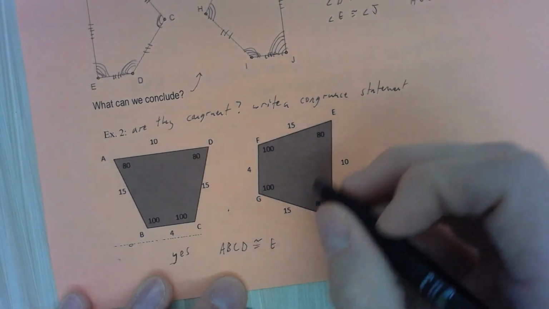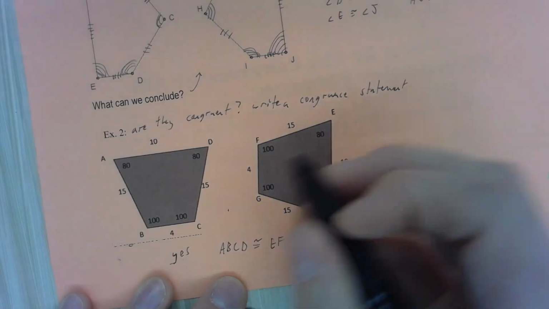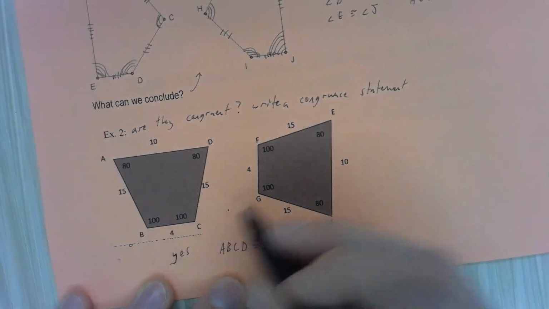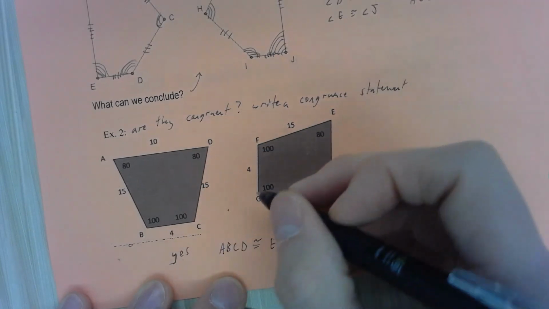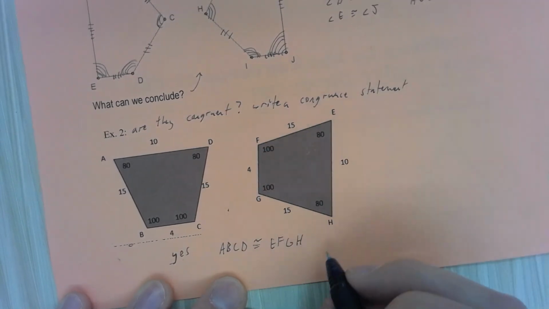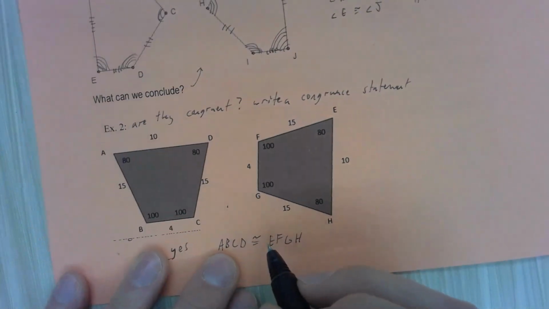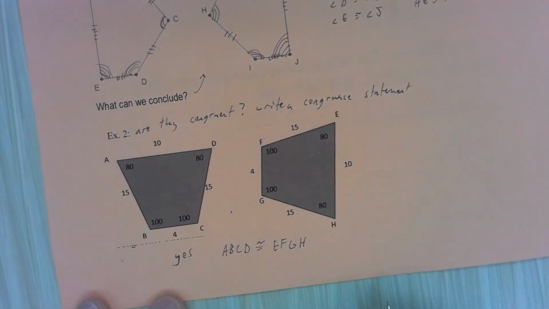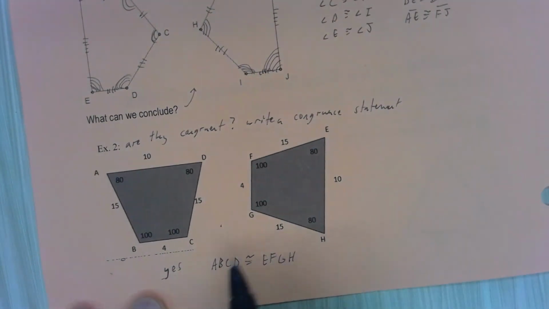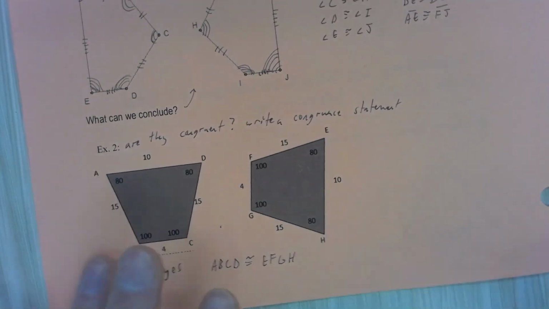So 15, E, F. And then BC goes with FG. And then CD goes with GH. So now I have the corresponding parts in the right order that goes with how they look in the figure. Okay? So our corresponding parts match up, saying these two figures are congruent.